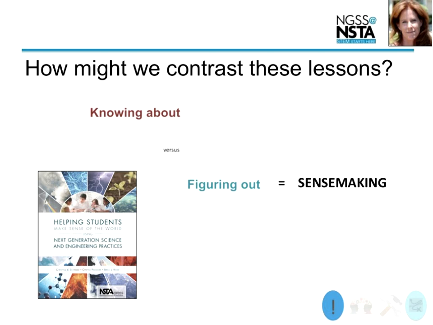If we're contrasting these lessons, the knowing about versus the figuring out, the knowing about is that idea that students are being told information, or they are doing a lesson, an investigation, and collecting data, but are they really making sense of that data, and are they really applying it to a bigger phenomenon in the world? And when they're figuring out things about the world, that's where that sense-making comes in, and that's when we start working with scientific models.